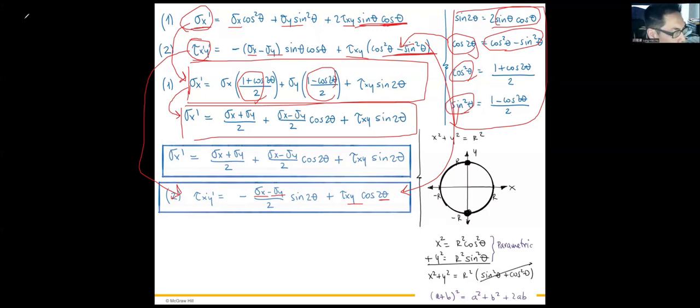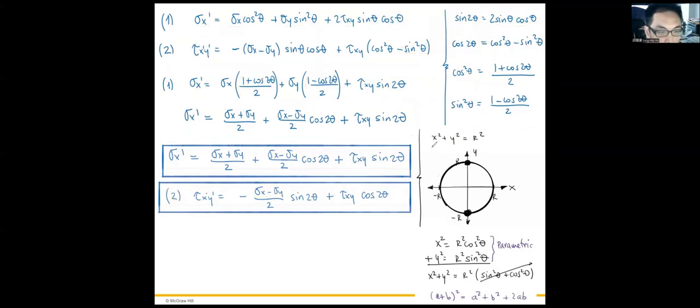So what is a circle? What's the function of the circle? It should be x squared plus y squared equals r squared, where r is the radius of the circle. So if we take any point on a circle, for example right here, there's a theta here and it's r.